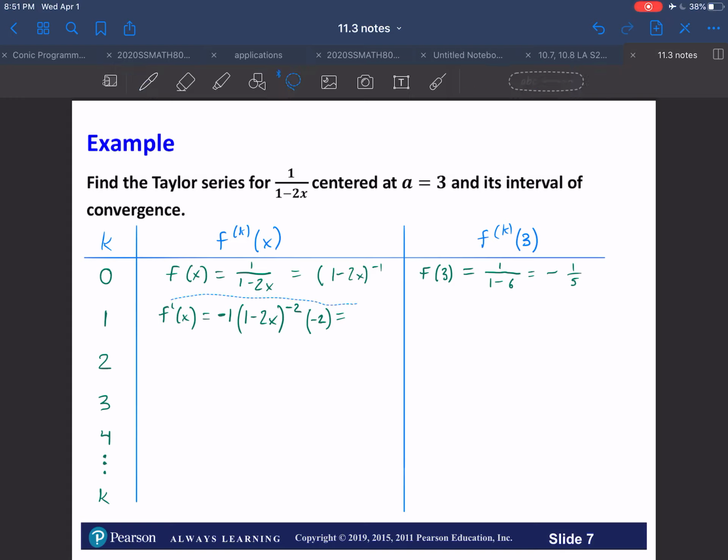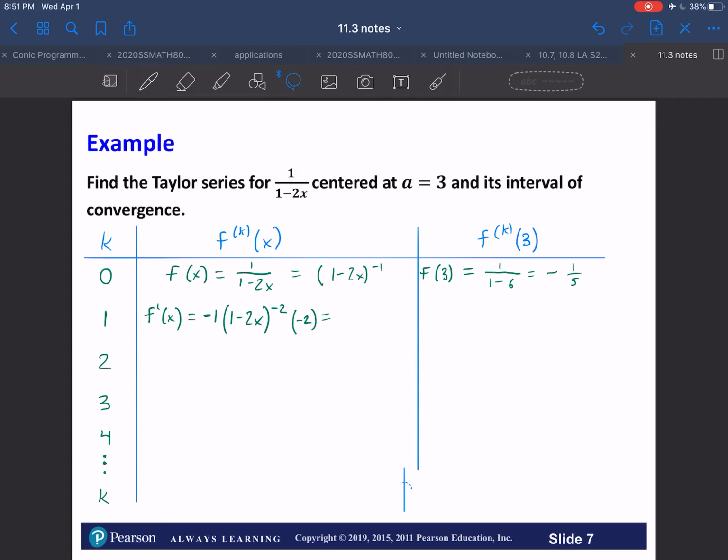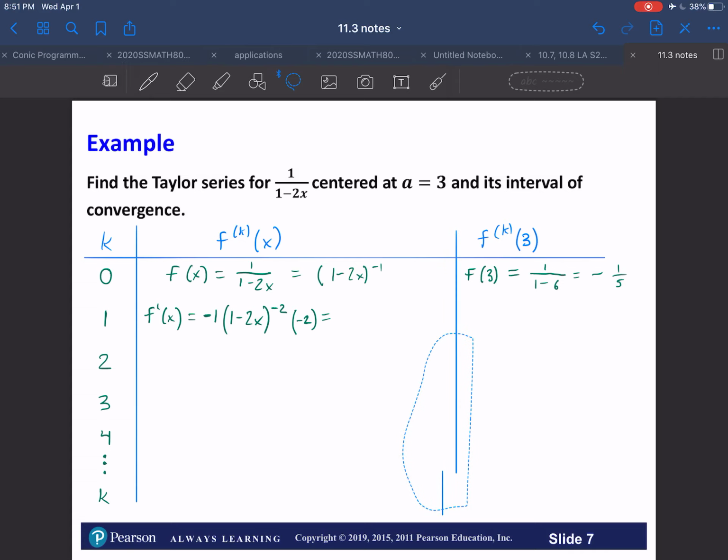Let me give myself a little bit more space here. I think I actually need to move all of this over as well. Okay, we can rewrite this as 2 divided by 1 minus 2x squared.